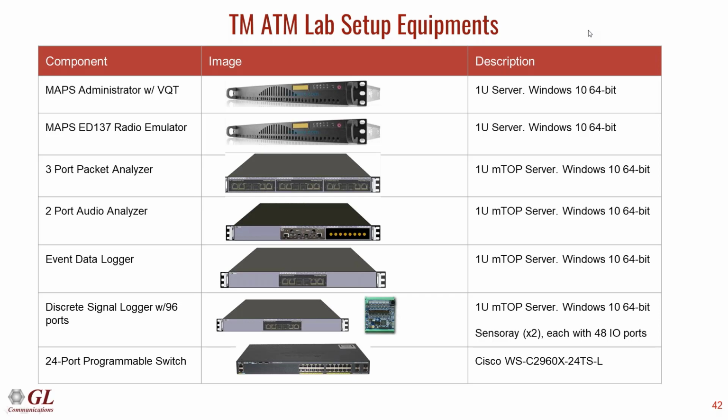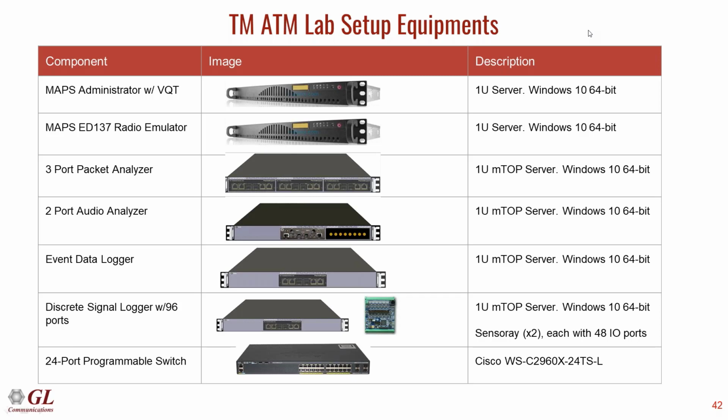And the critical components here, again, are our audio analyzer, which has the analog interface capability and can simulate PTT at the analog interface, or you can use our radio emulators and our telephone emulator to create the emulator traffic if you're only interested in the IP domain. Our event data logger collects these statistics. Our packet analyzer is the one that's doing most of the hard work.